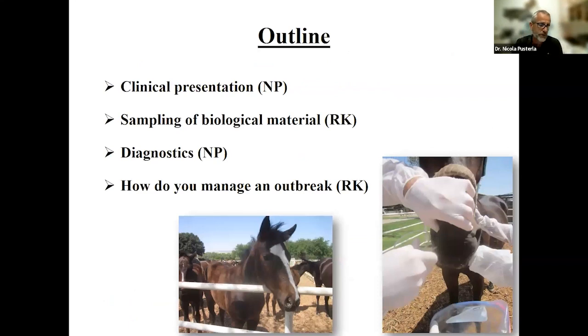We have chosen 4 topics. Dr. Keen will be talking about biological samples, the choice of biological sample when it's adequate, what to use and how to collect it, and also management of outbreaks. And I'll talk on areas that I feel comfortable with, clinical presentation, as well as the sometimes a bit controversial diagnostics.